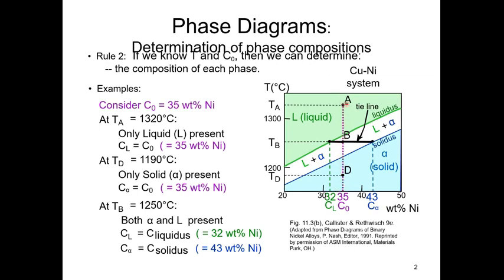And then at this point, you buat lah one line sampai to the top, so you ada different phases, kan? Such as kalau kat A, okay, at this temperature 1320 A, you will observe liquid phases only. So you will have one phase which is purely liquid, which is 100% liquid.